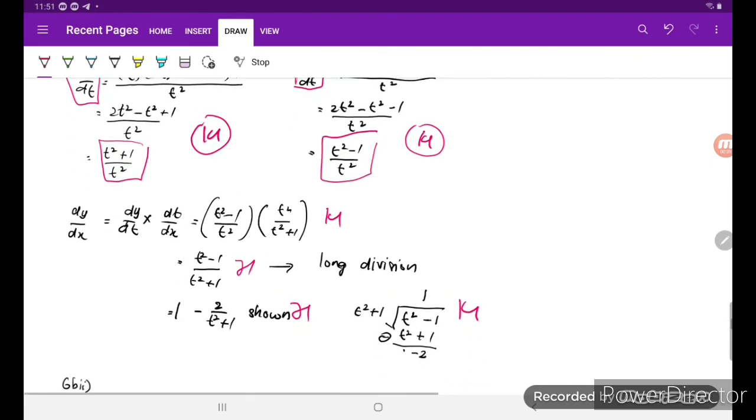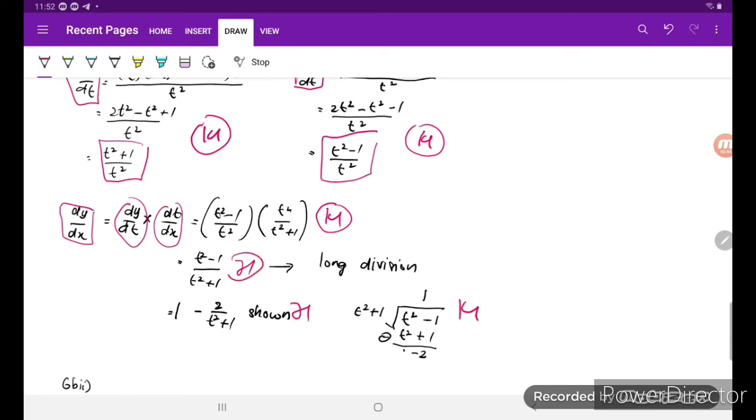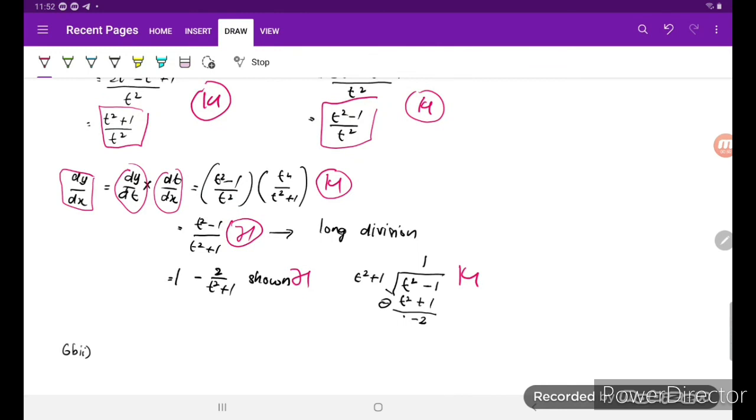Okay, and then you find dy/dx by using chain rule. By using chain rule, you will get K1, and then this is the answer for the chain rule. And to show that the answer is 1 minus 2 over t squared plus 1, you have to do long division.